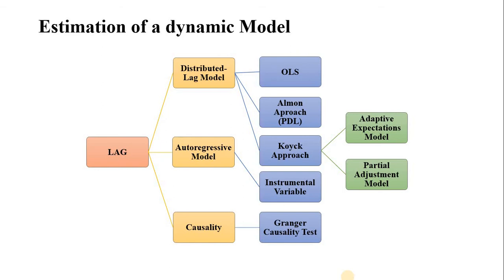So it is called the rationalization of Koyck models. The first is the adaptive expectation model, and the second is the partial adjustment model.